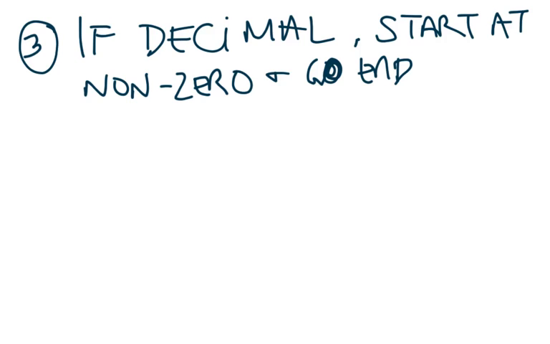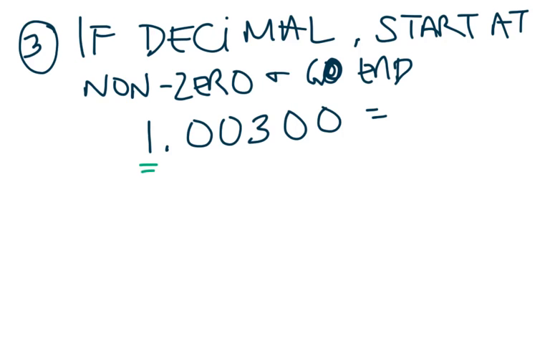So for example, if I give you 1.00300, and I want to know how many significant figures there are. What we're saying is which of these zeros are actually known and estimated digits. So, by my rule, start at the first non-zero. Well, there's my first non-zero. Go all the way to the end. So that's 1, 2, 3, 4, 5. That is 6 significant figures.